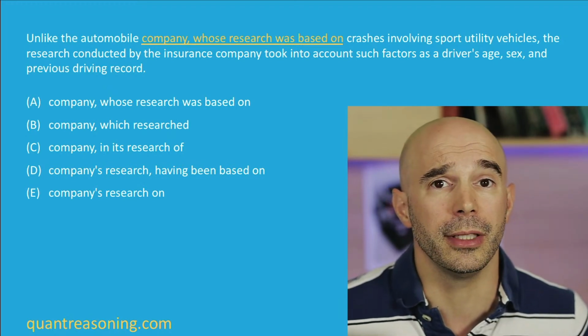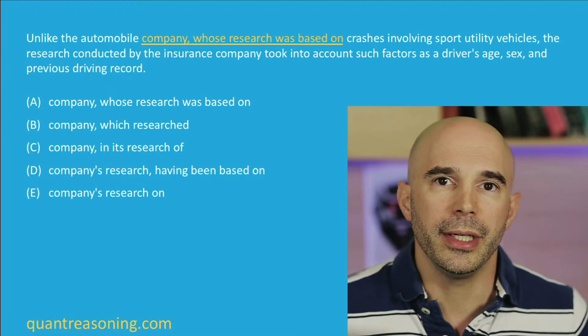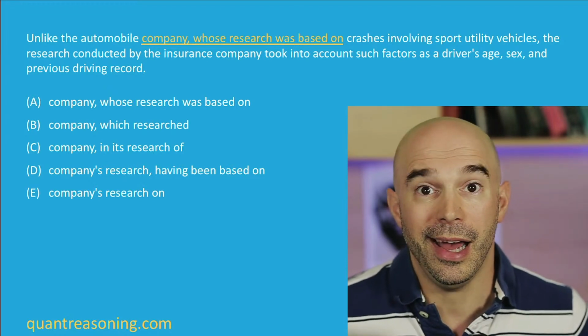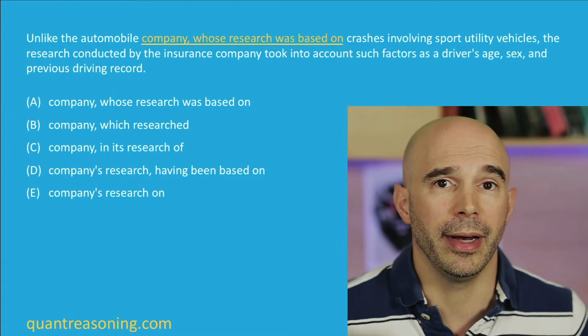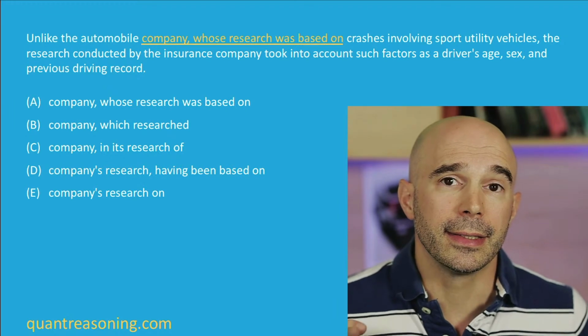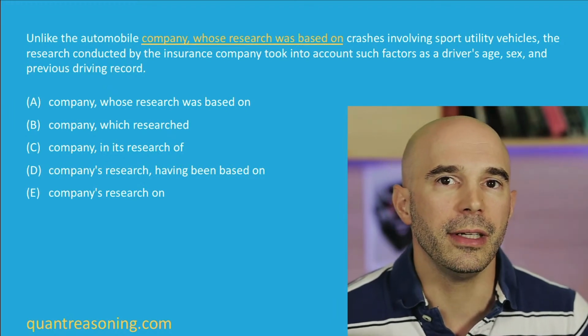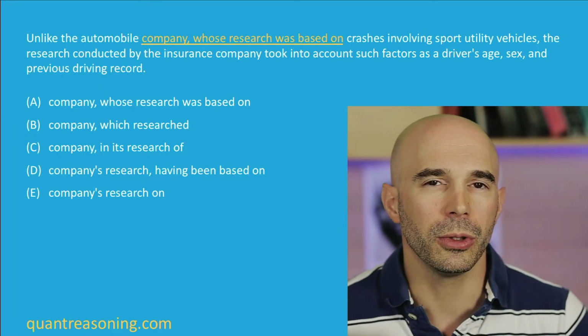Another thing that I forgot to mention in the beginning of this session is one of the big changes that have happened in sentence correction on the GMAT over the past 10 to 15 years. It used to be the case that grammar alone would eliminate 4 answer choices. And that's no longer the case.